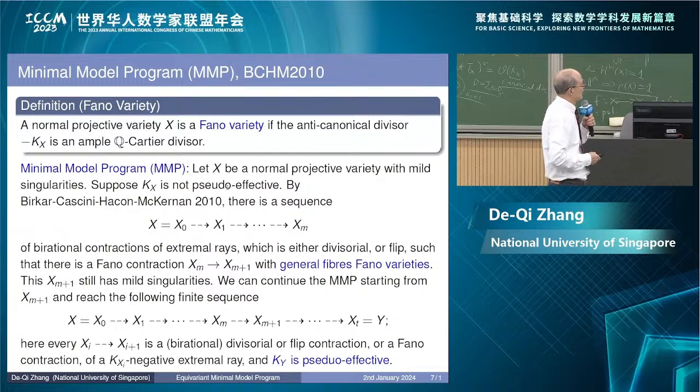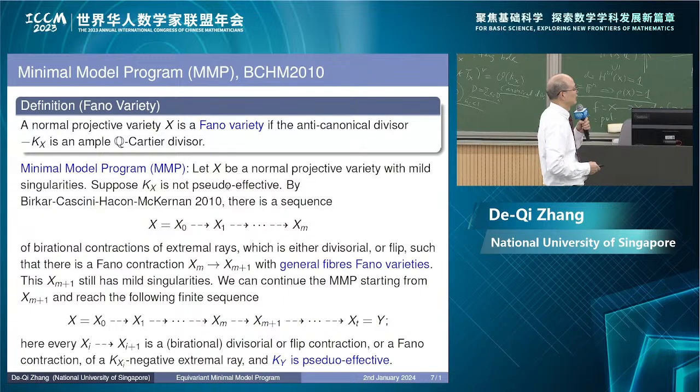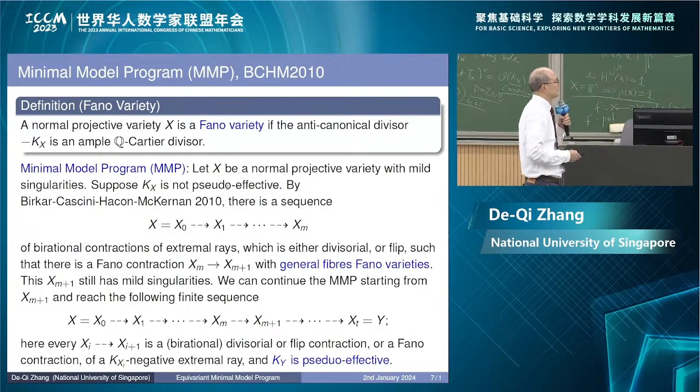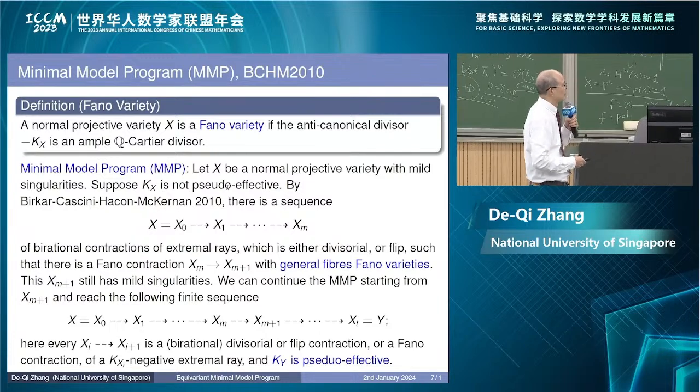Then the paper by BCHM says that you can go through this birational operation, and you cannot go on forever because the Picard number either drops or is preserved. Termination of flips is not known in general, but under this assumption, you can say that flips cannot continue forever. So eventually you have a drop in dimension, so you have a Fano contraction.